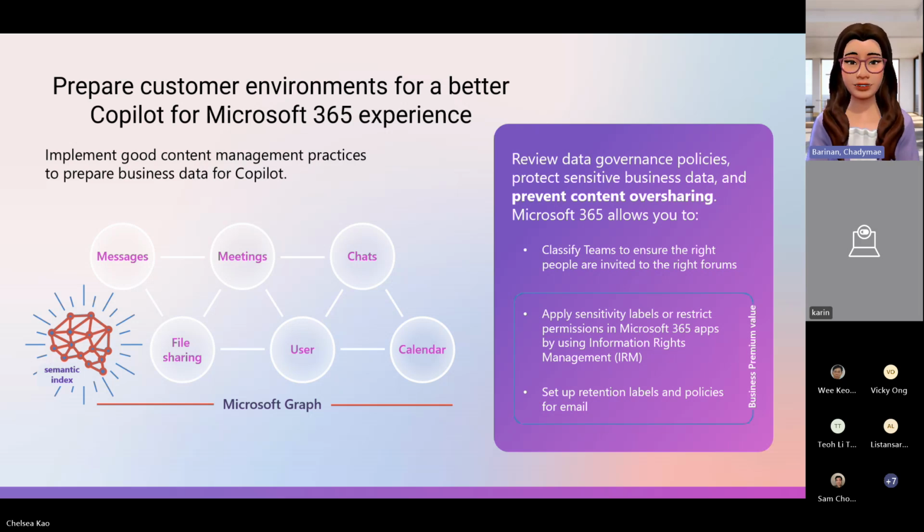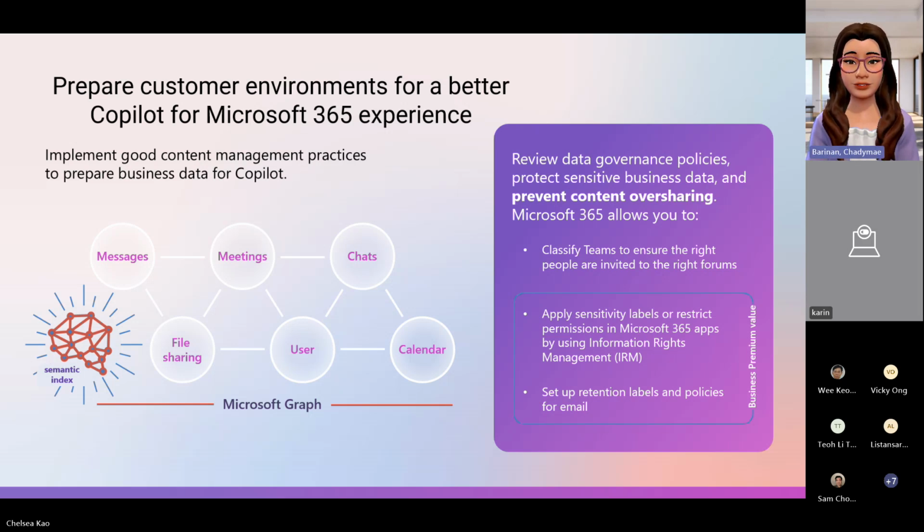So it's important to ensure that your tenant is ready for AI to prevent content oversharing. For example, you may have sensitive business data that someone accidentally uploaded inside a public SharePoint site. You have to ensure from your end that all this data is kept safe and that there won't be any issues from content oversharing or data leakage.